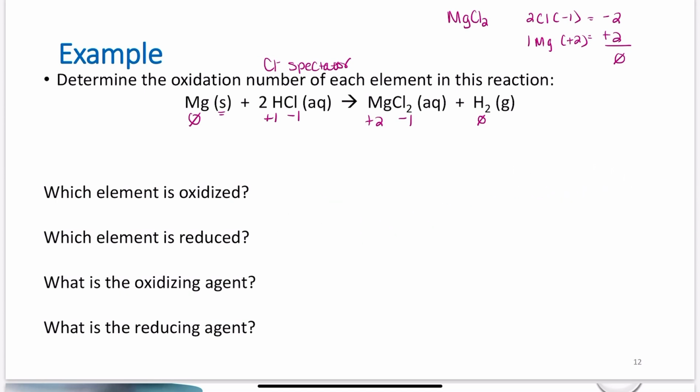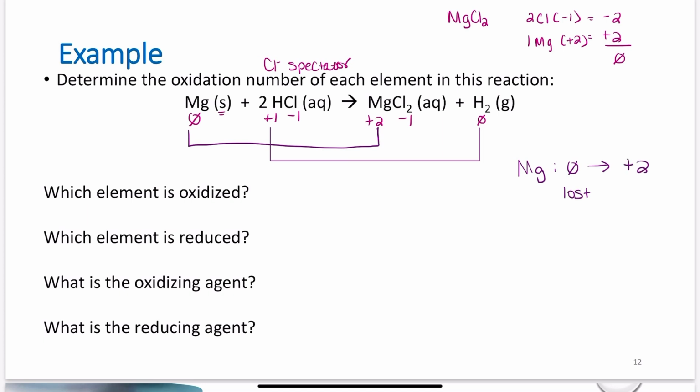Now I'm going to look here. I'm going to say, okay, magnesium went from 0 to +2. And the hydrogen went from +1 to 0. Magnesium, 0 to +2. It lost 2 electrons.